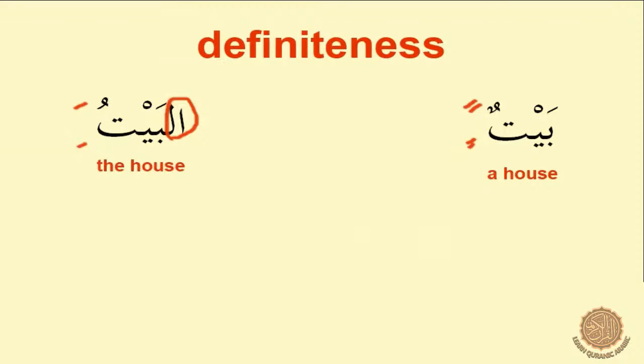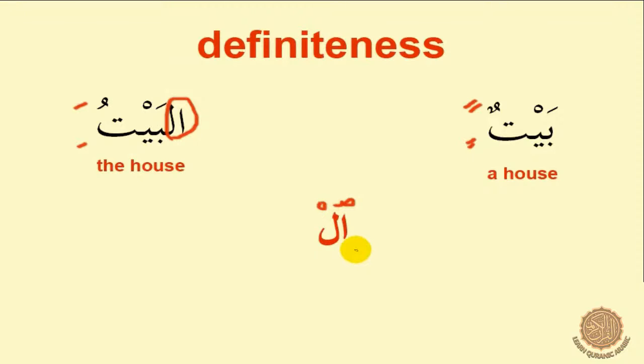Now, what is the alif lam? Now in fact, I said here the alif and lam. It's not an alif. This is actually a hamzat al-wasl. So we give it the sign of hamzat al-wasl. And the lam has a sukoon on it.